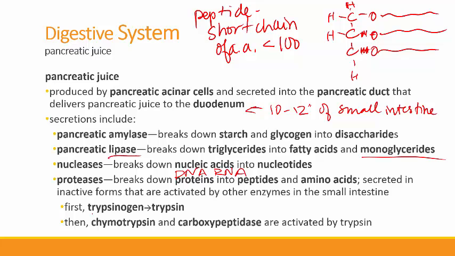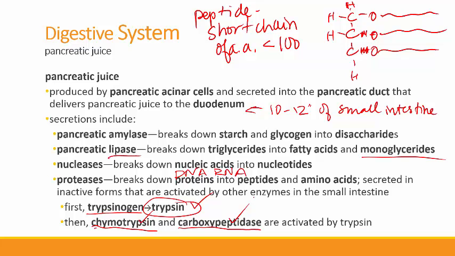So we produce trypsinogen, and trypsinogen is converted in the small intestine into trypsin. And then trypsin helps to activate chymotrypsin and carboxypeptidase. And then these three enzymes go about doing their work to digest the proteins that we have eaten.